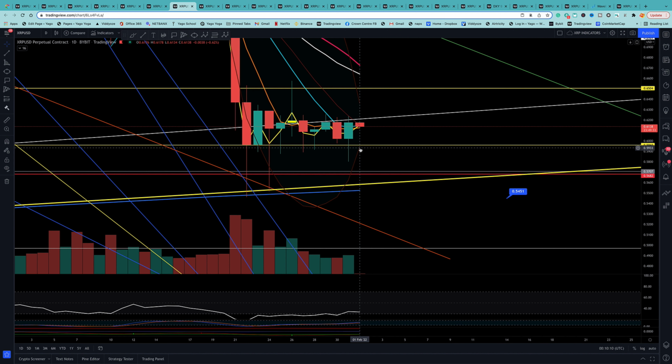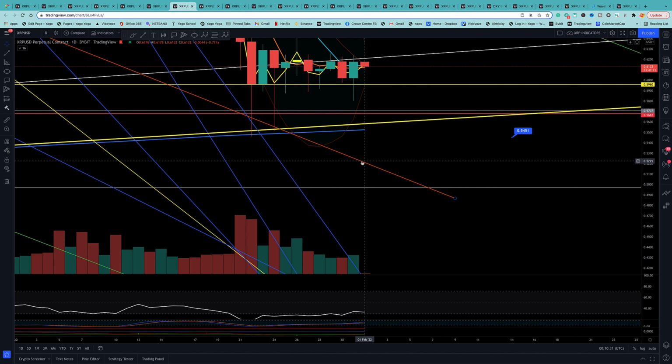Here's the Bollinger Band at 59. That's the challenge, breaking this Bollinger Band on the daily, getting down and getting past the support lines here, and also the 800 MA here at 55. There's the medial line of the green channel at 52.